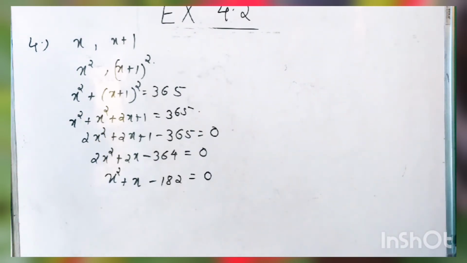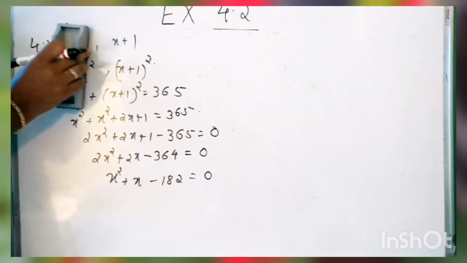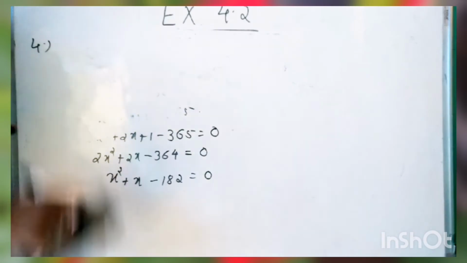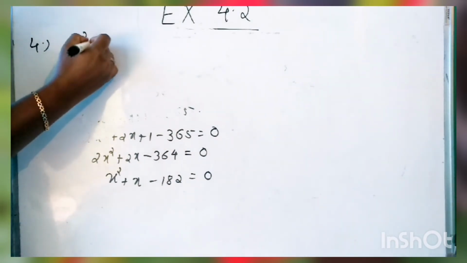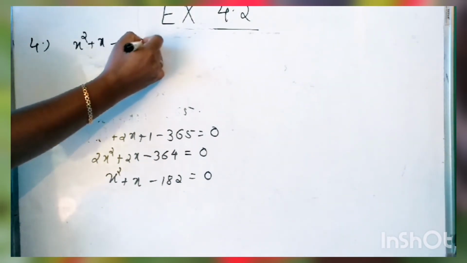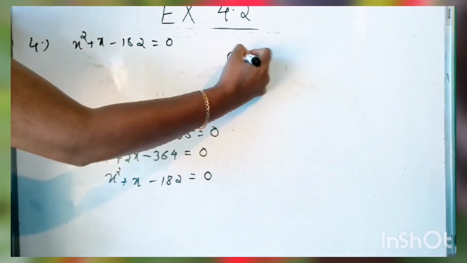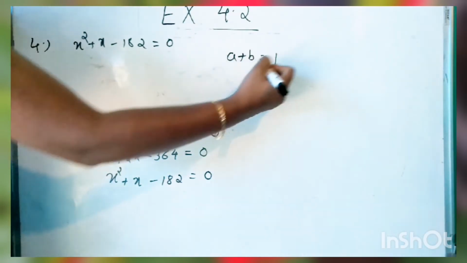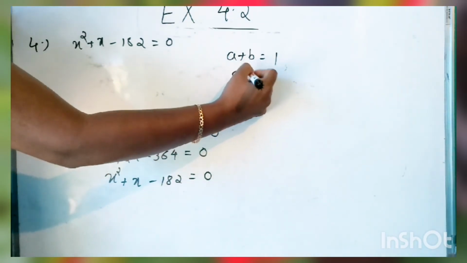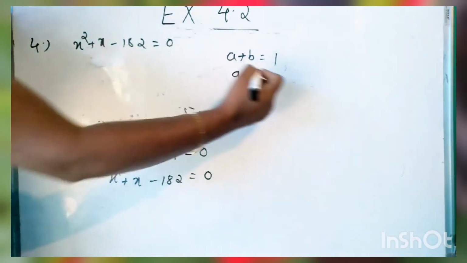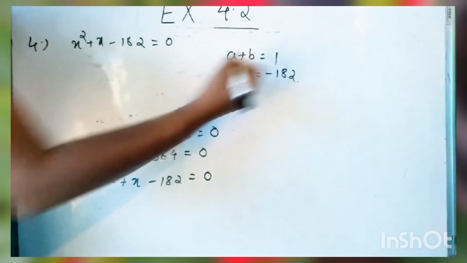Here also we are going to apply the splitting the middle term method. So the quadratic equation is x square plus x minus 182 equal to 0. We need to find two numbers such that a plus b is equal to 1, the coefficient of x, and ab is equal to the product, minus 182.